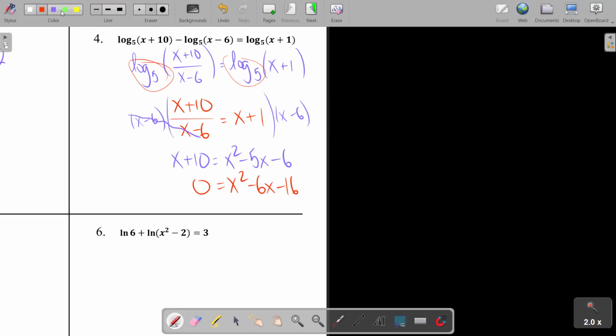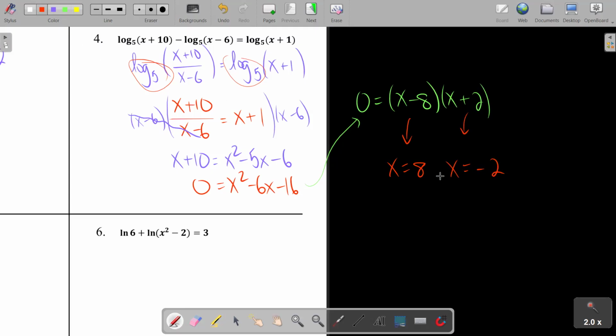And when we factor this down, I'll do it over here, we get (x minus 8) times (x plus 2). Those are the factors that work. Therefore, the answers, the candidates are x equals 8 and x equals negative 2.